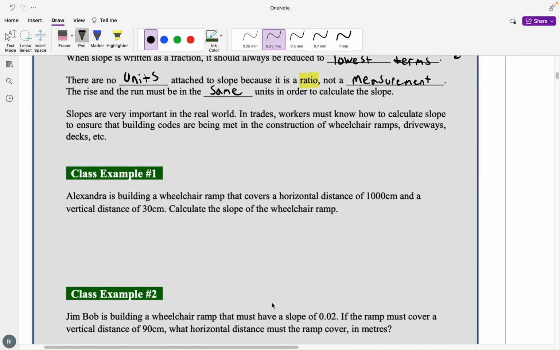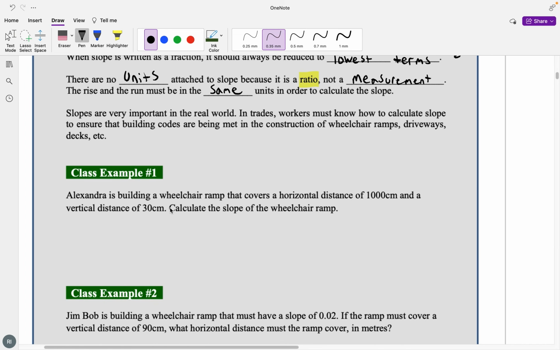Let me read this one first. Alexandra is building a wheelchair ramp that covers a horizontal distance of 1,000 centimeters and a vertical distance of 30 centimeters. Calculate the slope of the wheelchair ramp. The first thing you'll want to do is highlight or underline the keywords and values.